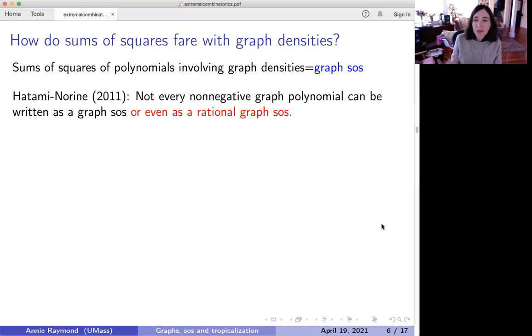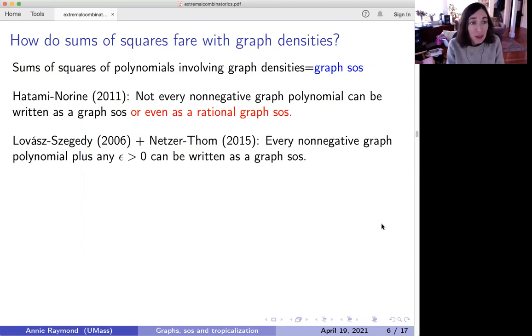So seeing that, you might wonder, are sums of squares even a good tool for the world of polynomials involving graph densities? From Lovász-Szegedy and Nesser-Tom, we do know that every non-negative graph polynomial plus any epsilon greater than 0 can be written as a graph sum of squares.